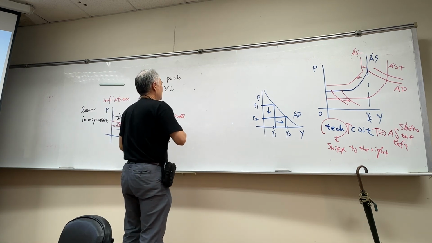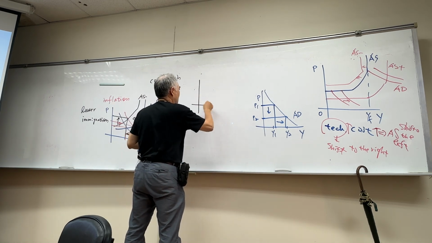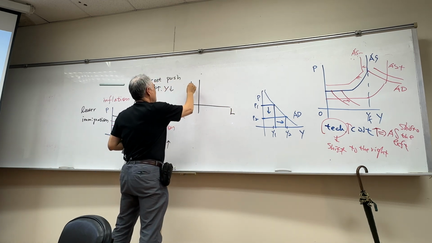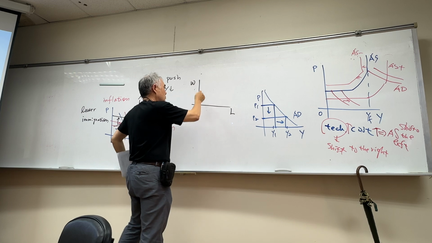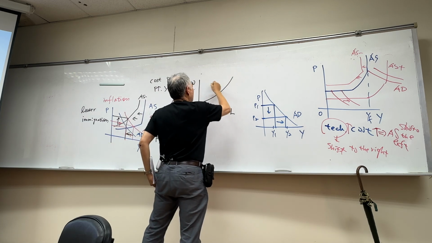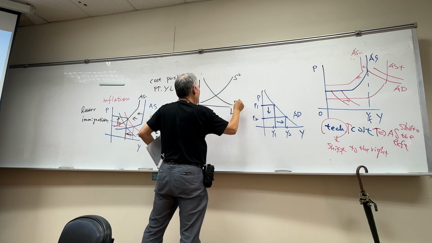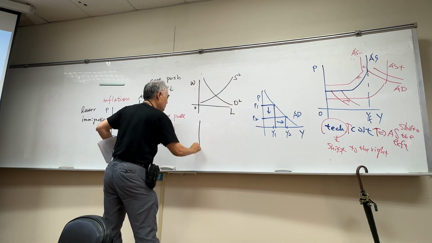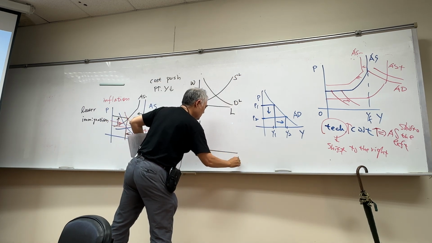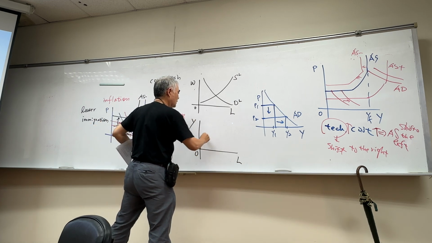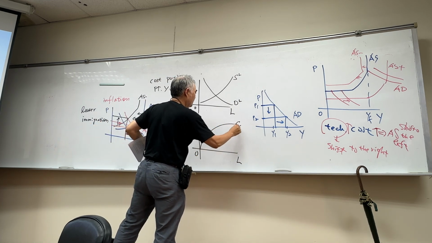Okay, so let us say this is the labor market. The amount of labor, and this is the wage rate. You have supply and demand for labor, and here is the production function. This is L and this is Y. And the production function looks like this. Okay, F(L).